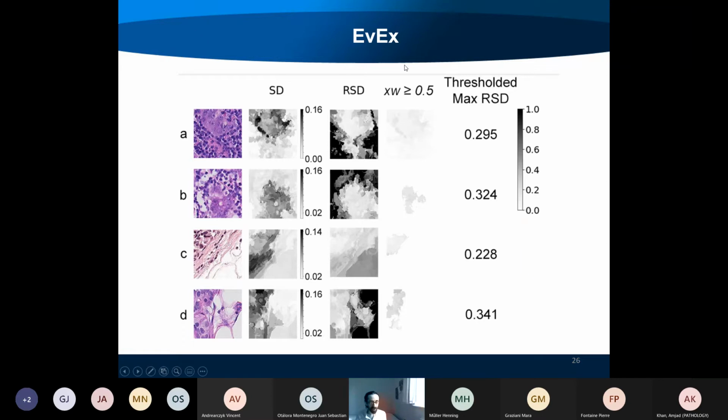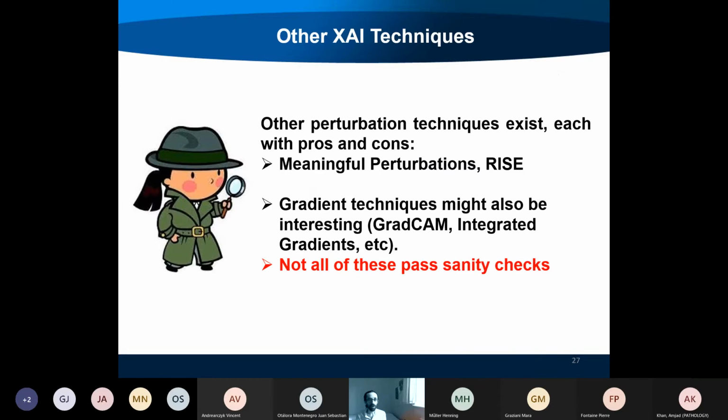And 0.5 is a pretty low cutoff, but let's say 0.5. We see that a lot of the regions of high variation or high relative variation are eliminated, right? So in that sense, there is instability, but there's less instability if you choose regions of high weight, and if you average the Pareto front, there's even less, right? So that's Lyme and EvEx.